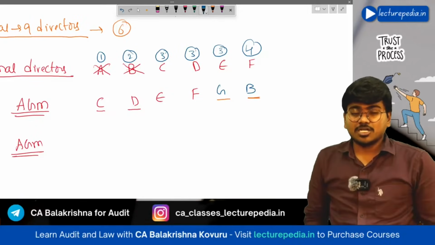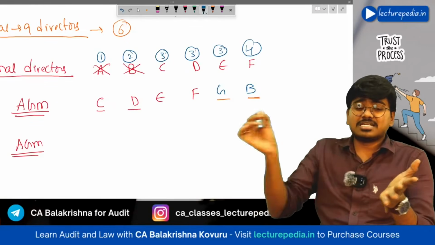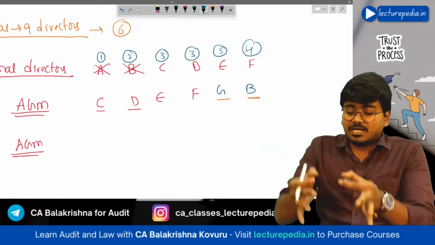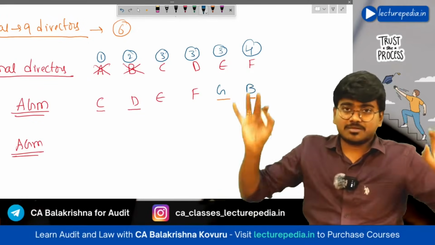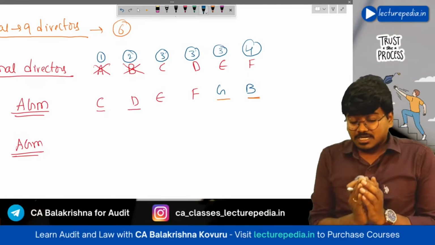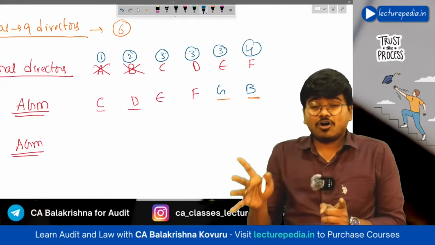In this situation you should go for a draw of lots. You need to write the names of these 3 directors on paper and draw a lucky draw, and whose names come in that lucky draw, they have to retire. So if the mutual discussion among directors fails, you should go for a draw of lots.